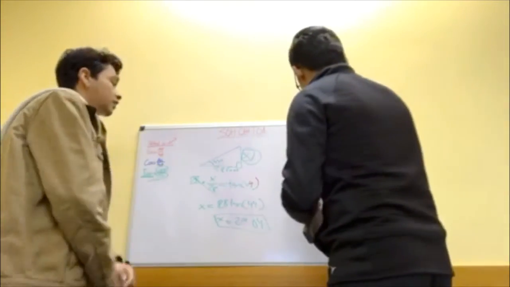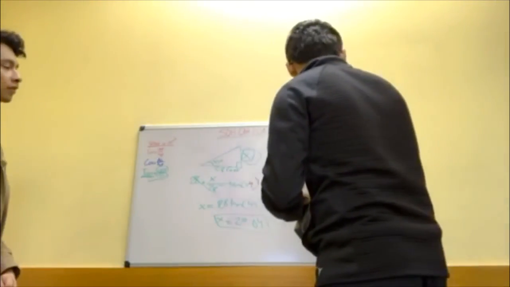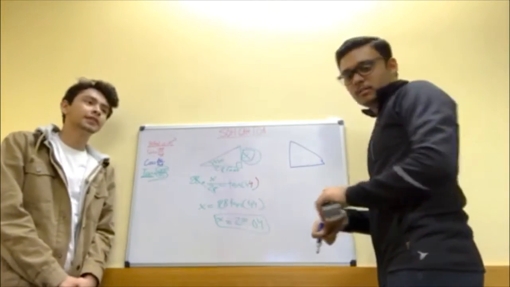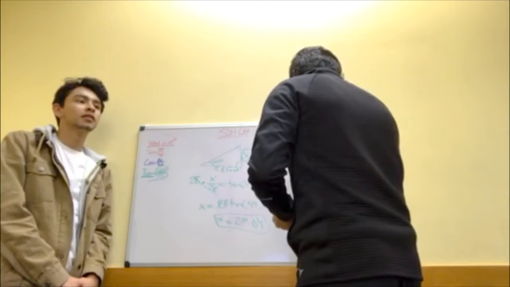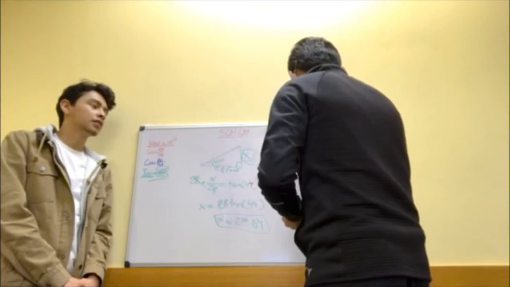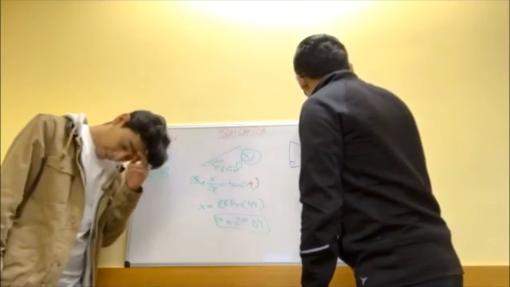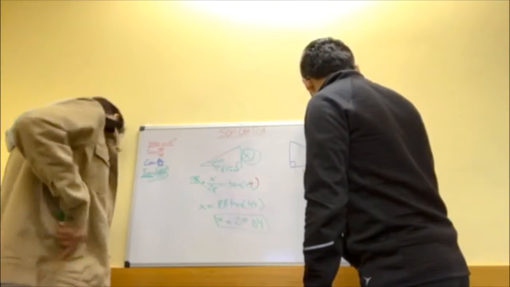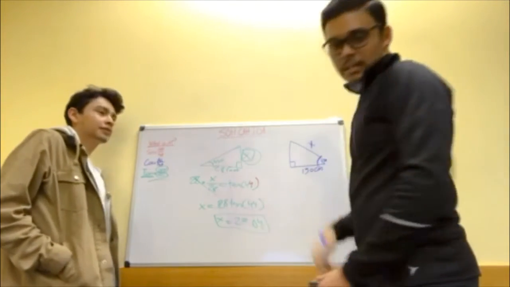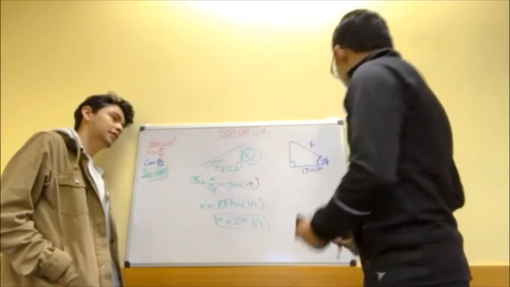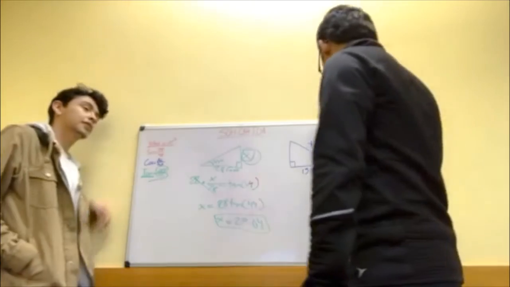So a triangle is going to look something like a right triangle. Like I said, it has to be a right triangle. And we're going to have 150 centimeters. And this time we're gonna have to find the hypotenuse. So we're gonna have 32 degrees here.